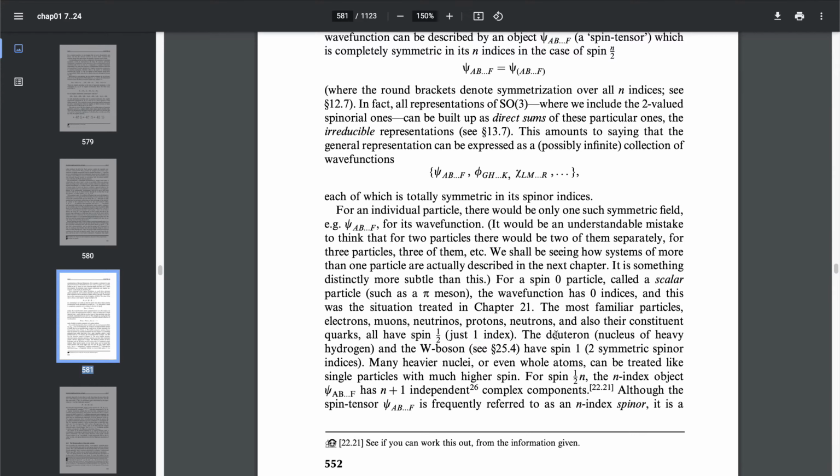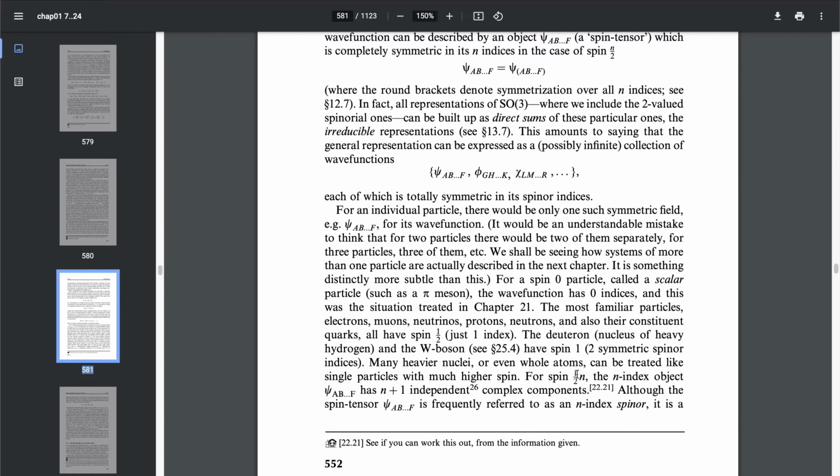And the deuteron, the nucleus of heavy hydrogen, and the W boson, as we will see in chapter 25, have spin 1. So they will have two symmetric spinor indices, and many heavier nuclei or even whole atoms can be treated like single particles with much higher spin.